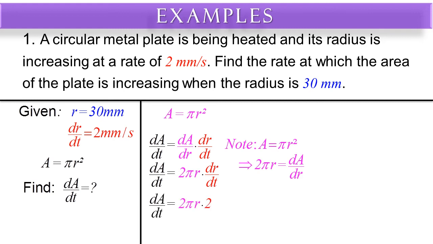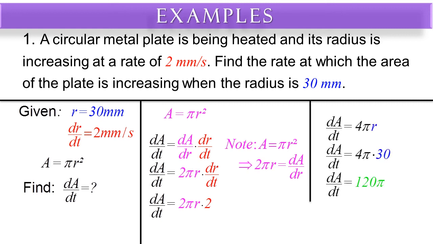Next, substitute dr/dt, which is 2. So we have dA/dt equals 2 pi r times 2, and dA/dt equals 4 pi r.